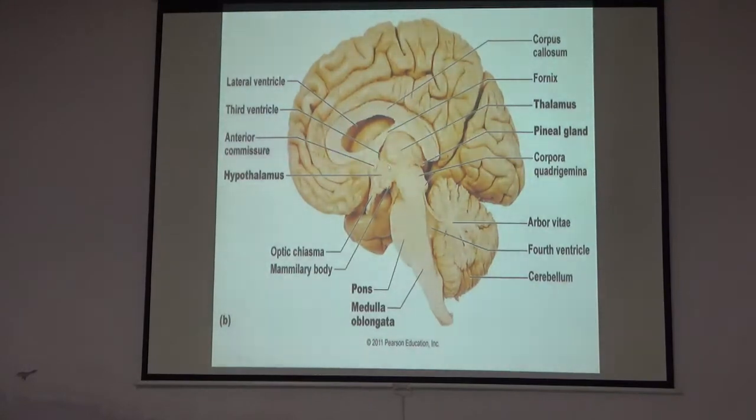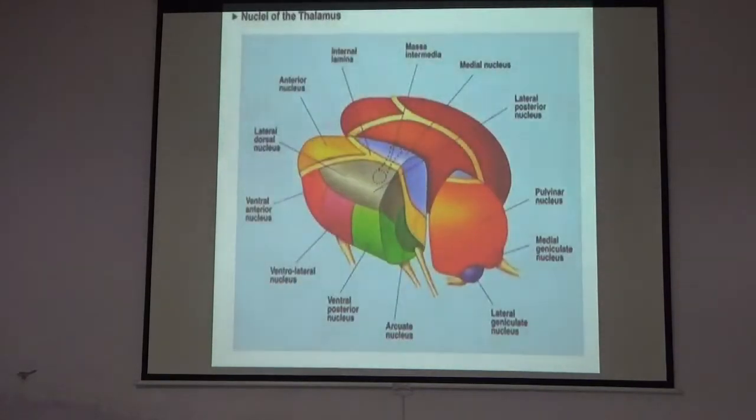This is lateral ventricle. This is the third ventricle. So the thalamus forms the wall of the third ventricle, and then there are various connections to that. We'll be talking in coming slides. These are the nuclei of thalamus. We'll talk about each of these nuclei in detail, and we'll come to this diagram again.